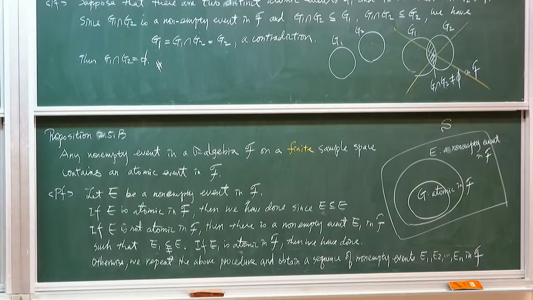So if we repeat it, it means that we find a subset. If it's not atomic, then we will find a subset again and again. So this is the procedure.